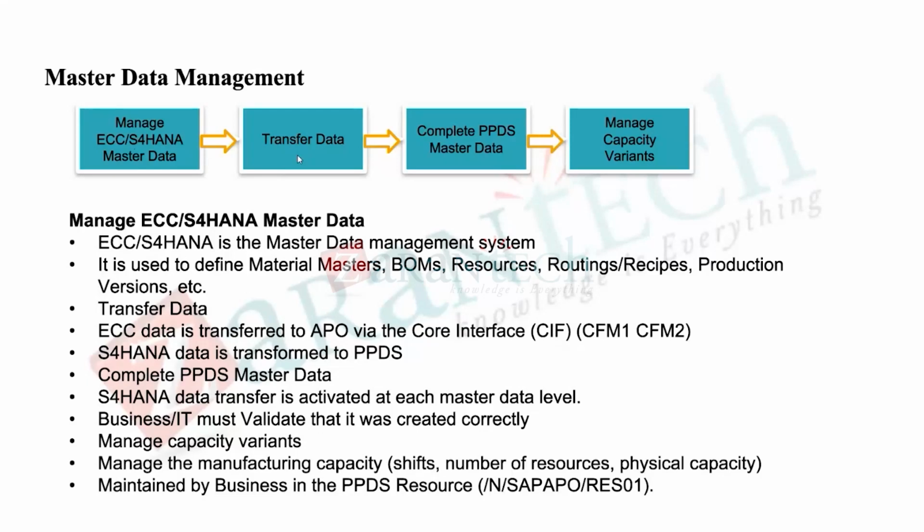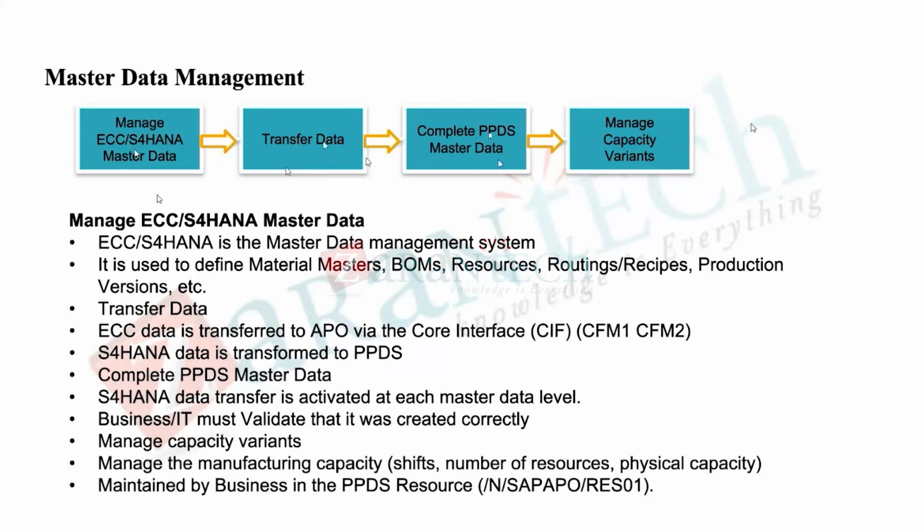The rest of the data is held in S4HANA and is straight away available. So that is where the completeness of master data is necessary. Sometimes you may have to do some enhancements so that the data is complete, if required for your customer. Correct. Once the data is completed, you do the validation, the consistency check and so on. Then you manage the capacity variants.